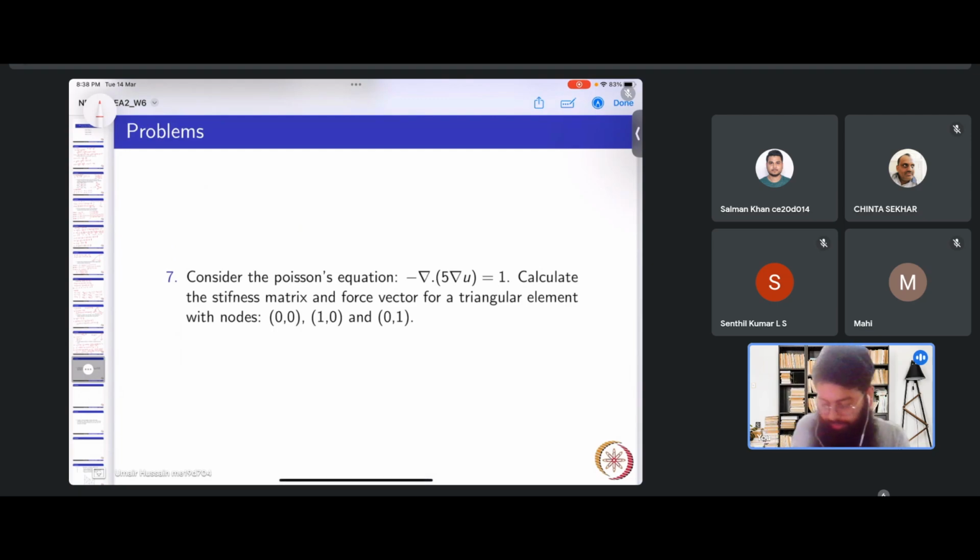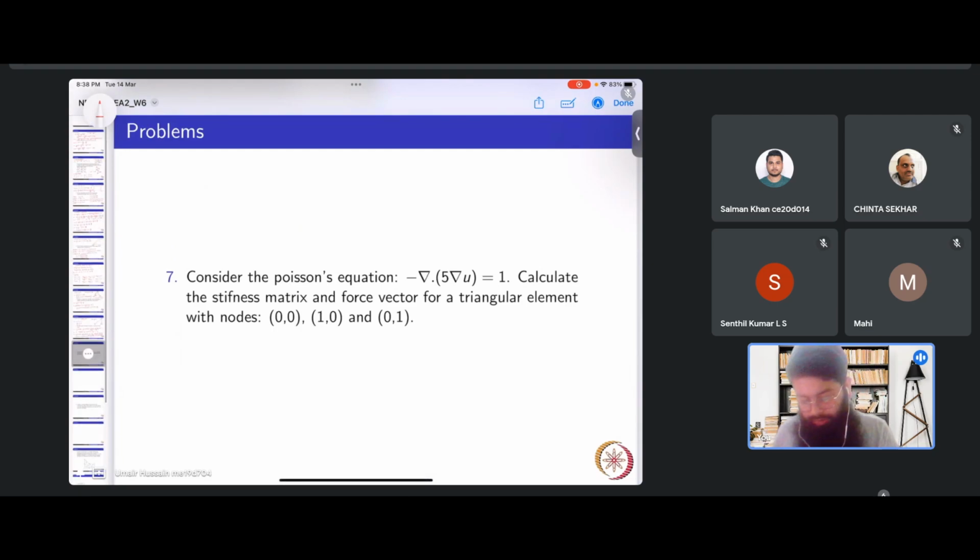So this is going to be a lengthy problem. You have to do all the things here. So we have this Poisson's equation here. So first thing we need to do is we need to write the weak form of the equation.